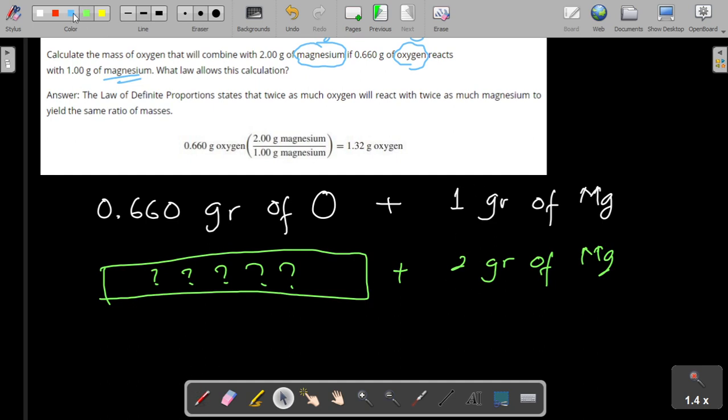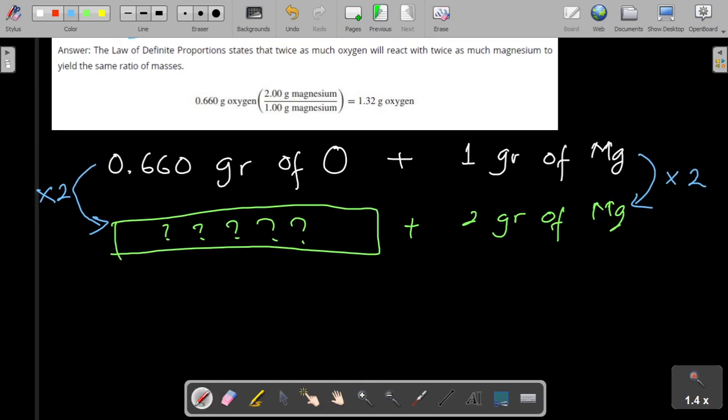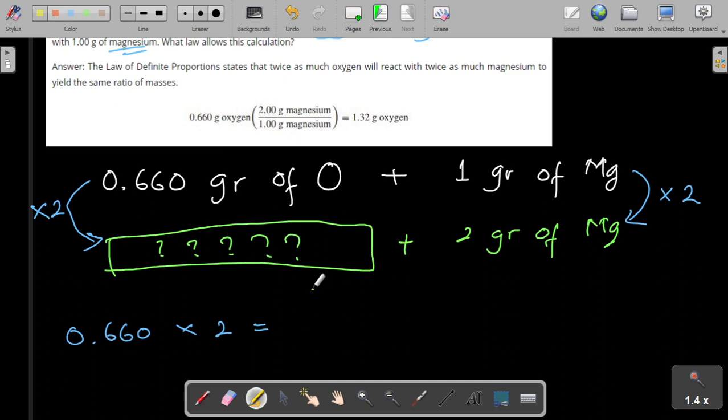It must be times two. From one times two is equal to two. So it also happens here, so it must be times two. So 0.660 times 2, then the result will be, okay, we have the answer here.